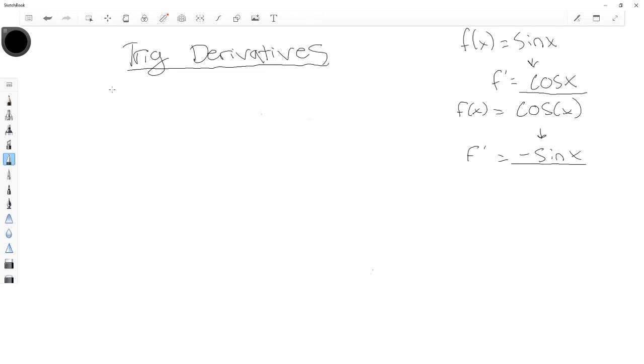And now I'm going to do the last one, which is cotangent. We can break this up into cosine x over sine of x. So now we do the quotient rule.